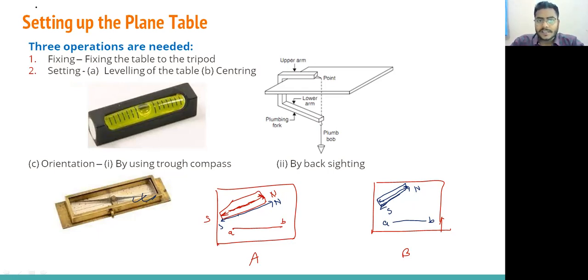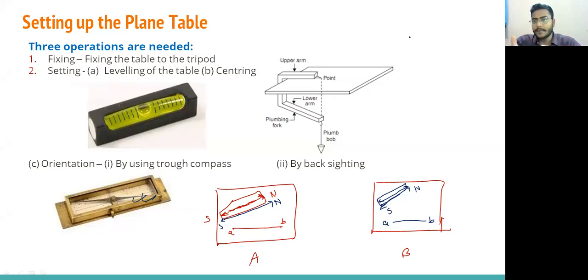In many cases, when we do the orientation of the plane table, we change the direction. So what will happen is we will find that the centering is also disturbed.